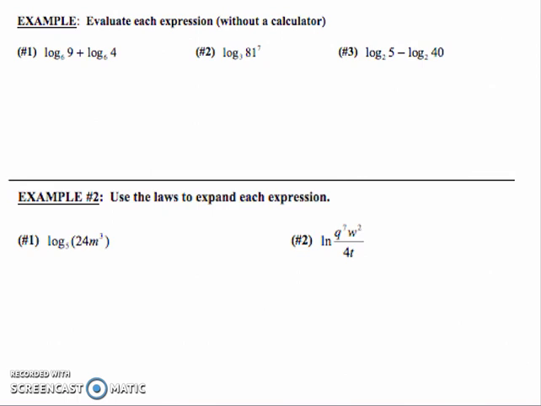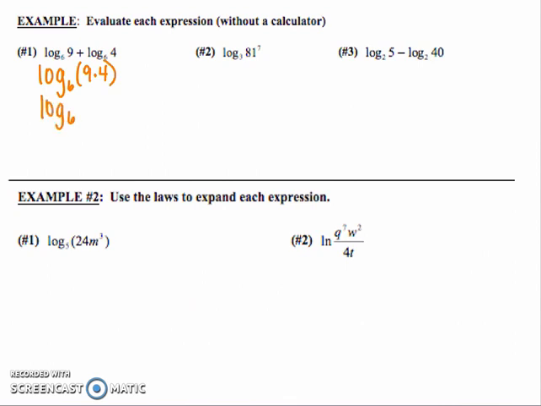Well, what I notice here is we have log base 6 of 9 plus log base 6 of 4. Since we have the same base, we can use the product property and say that addition with the same base can condense to multiplication. So we can write this as log base 6 of 9 times 4. Then we know 9 times 4 is 36.